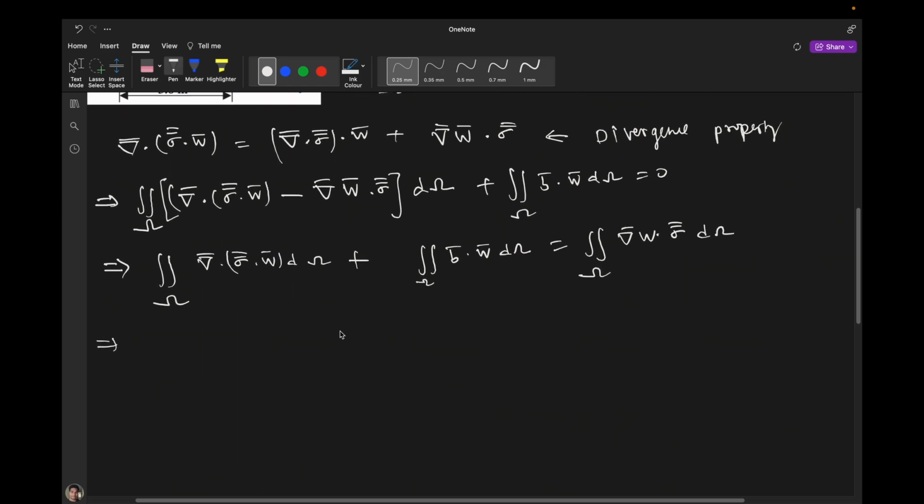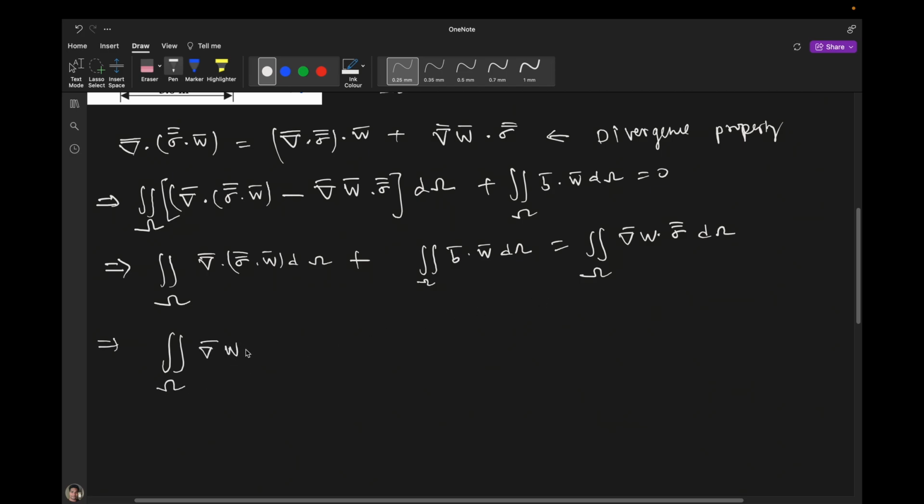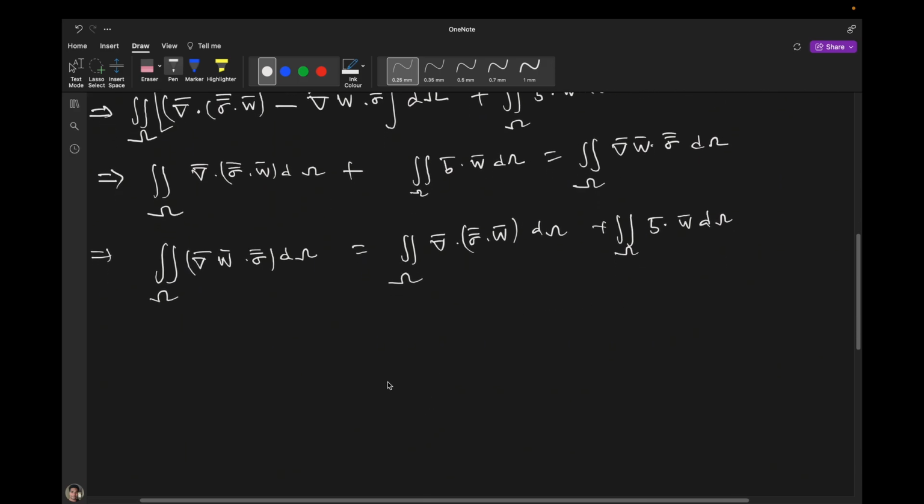If I write the left hand side first, then it becomes this.